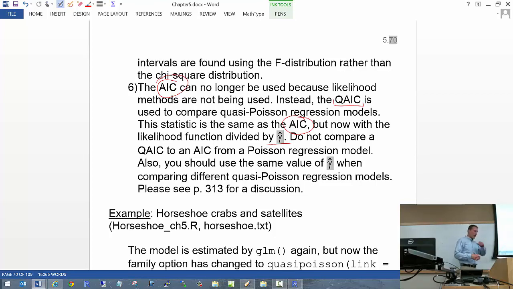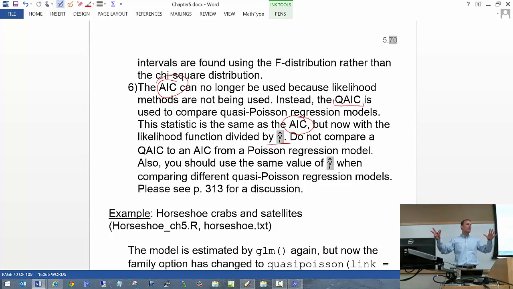Also, there's another issue here. For every model you could estimate, gamma hat could change. Because of that, what you should typically do is pick one very large model. Let's say you have 10 variables available in your data set. Pick maybe one large model that has all the variables in it.